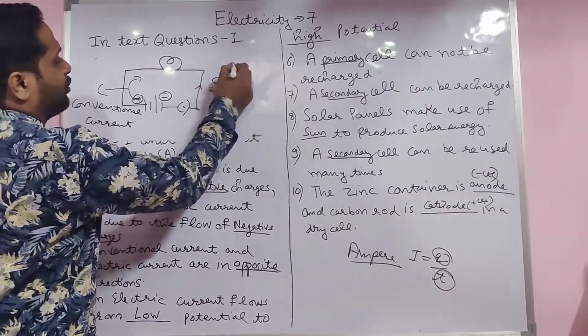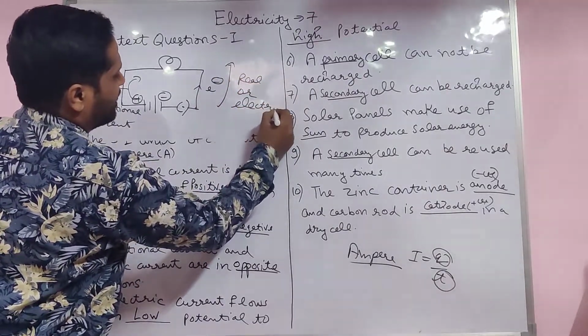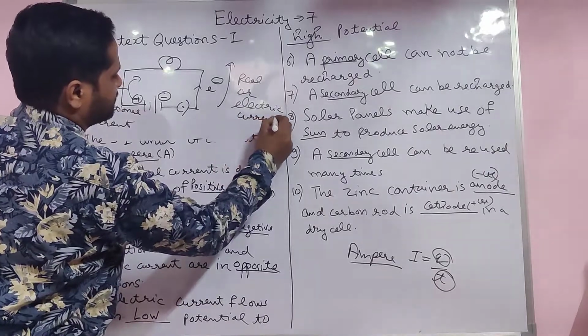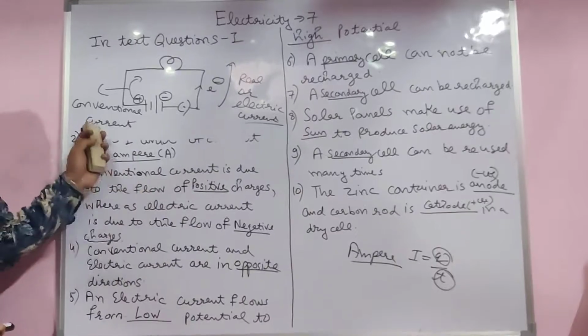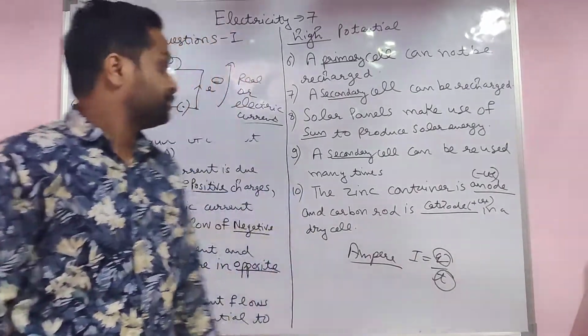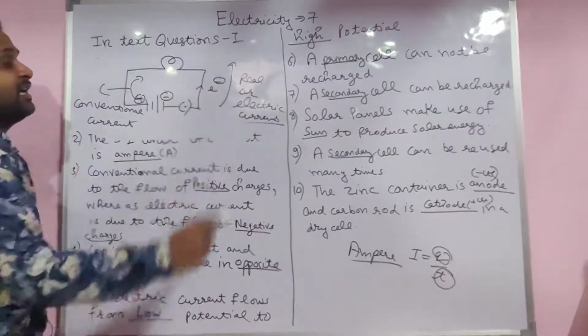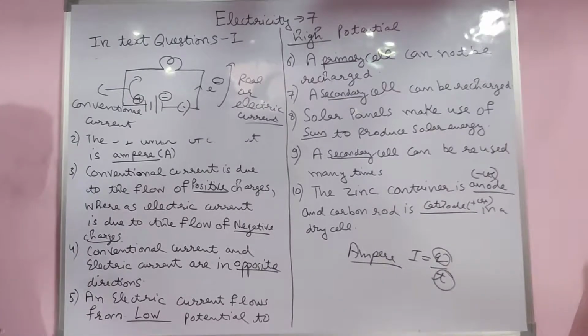And where the electrons flow, that is called real or electric current. So conventional current is due to the flow of positive charge, and electric current is due to the flow of negative charge, electrons.